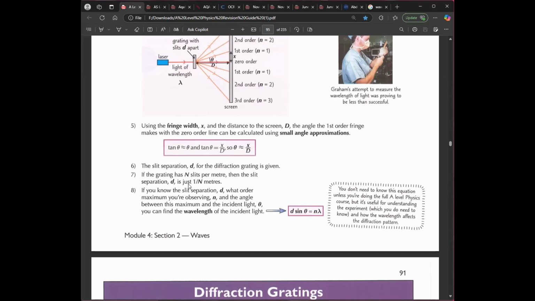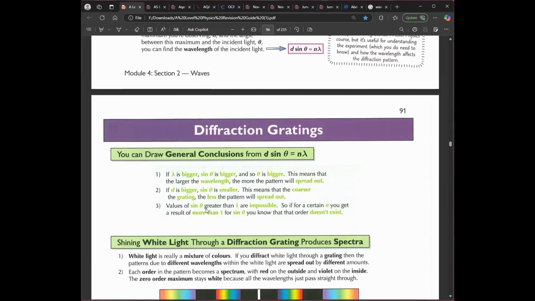If the grating has N slits per meter, so there are N number of slits per meter, then N basically tells you how many slits are there per meter in that grating. Then you can get the slit separation d, the distance between the two.